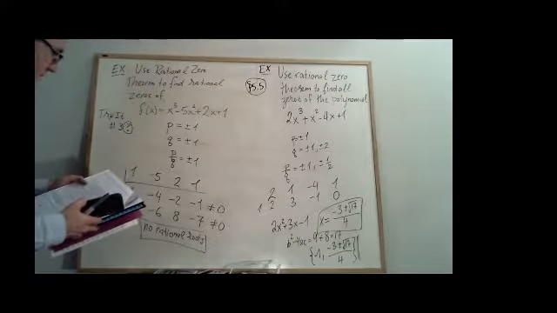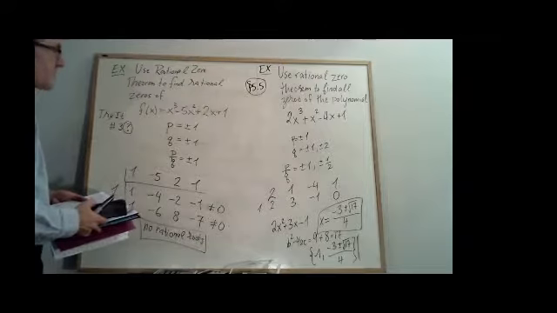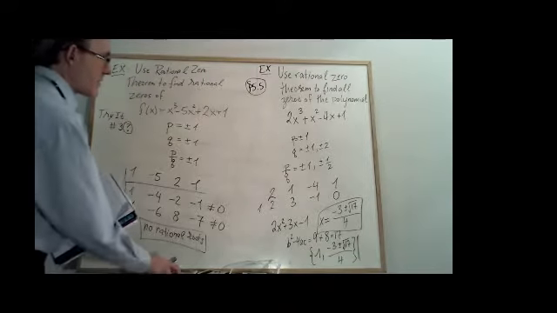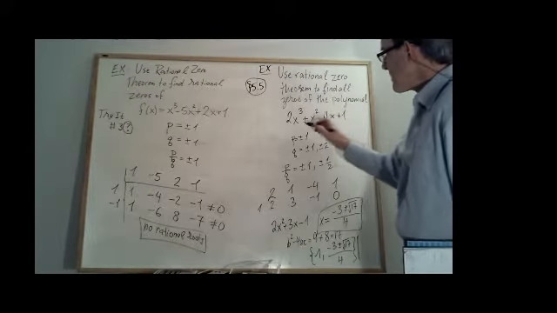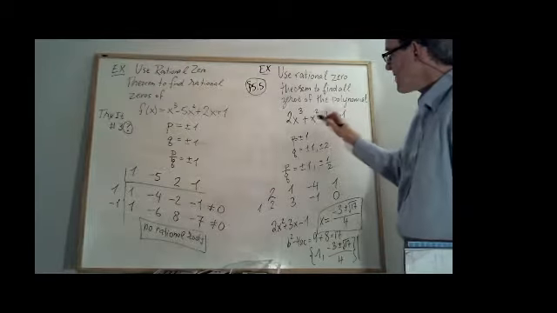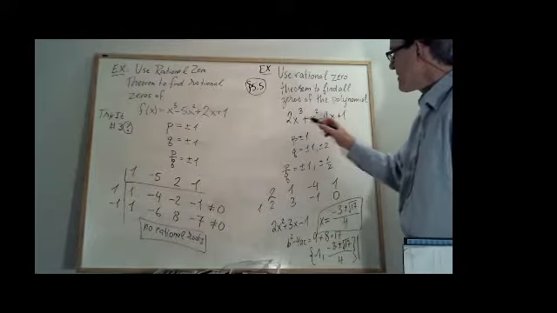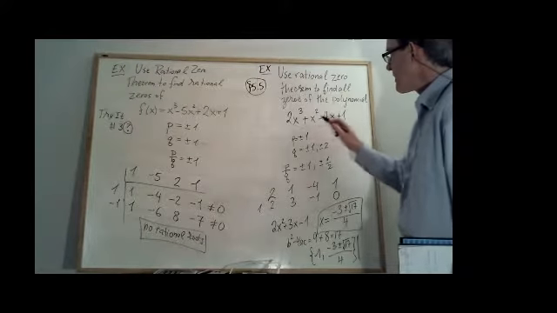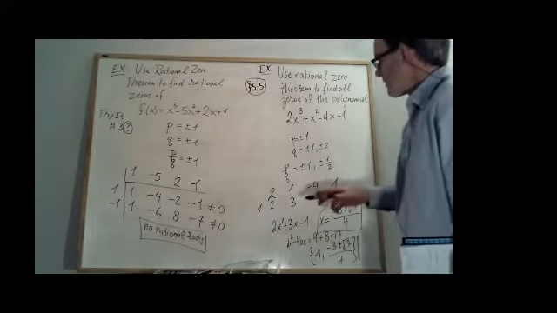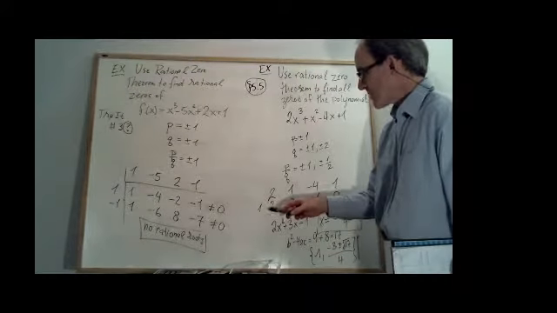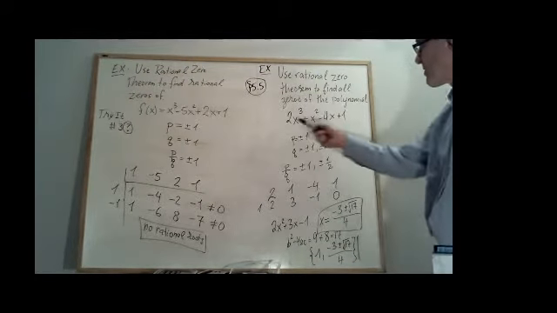Okay, now, by the way, a tip. This illustrates this tip. It might be a good idea when you're looking at the coefficients to check to see if they add up to 0. In this case they do: 1 minus 5 is minus 4, plus 2 is minus 2, plus 1... so they add up to 0 here. If they do, then 1 will be a root of this polynomial.